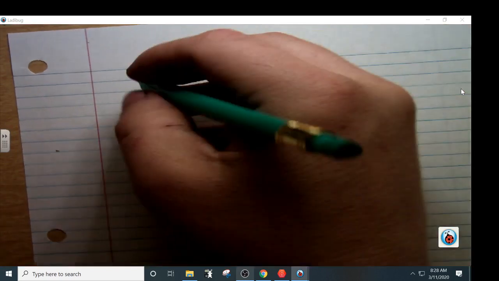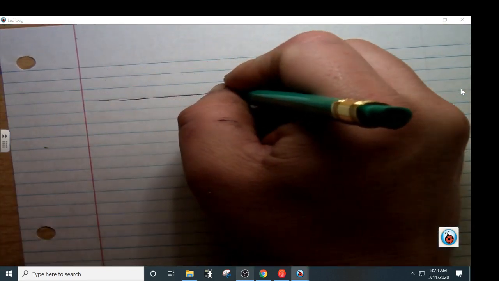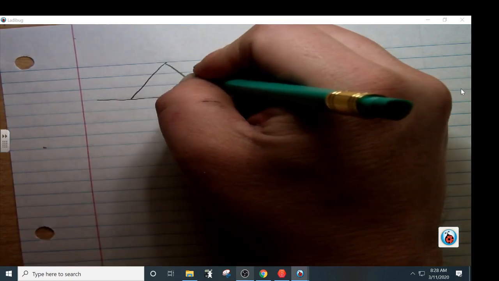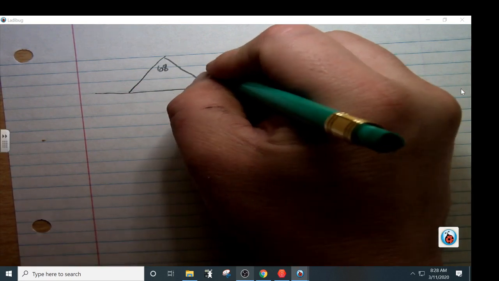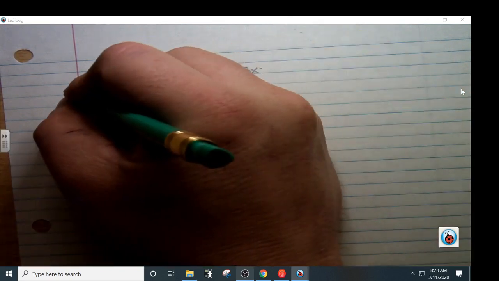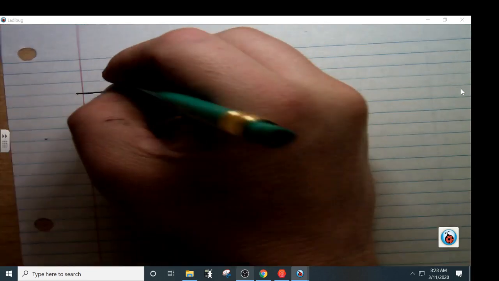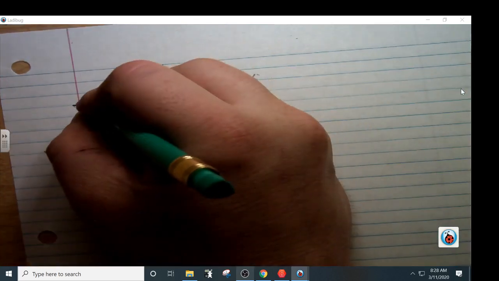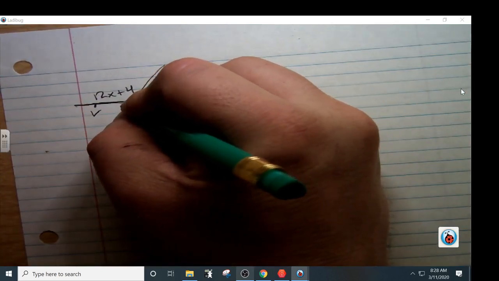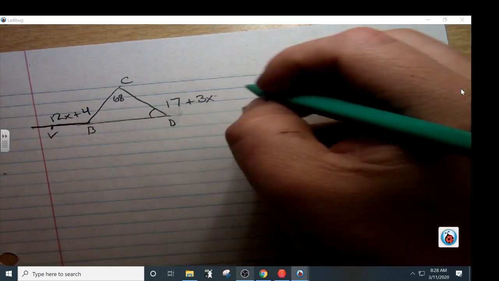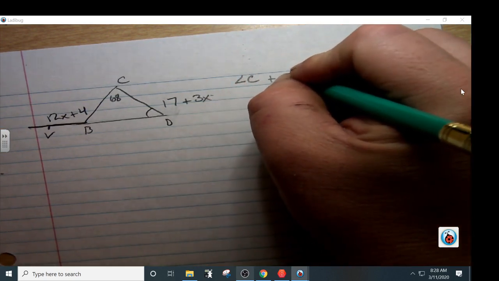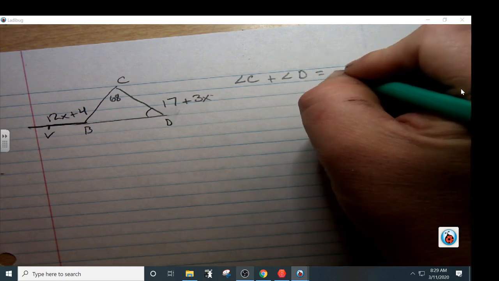All right, so guys, if you draw this, what this is going to be is angle C plus angle D equals angle VBC.